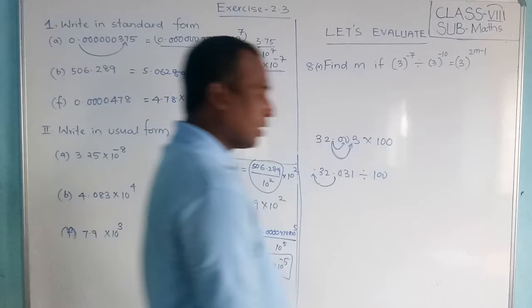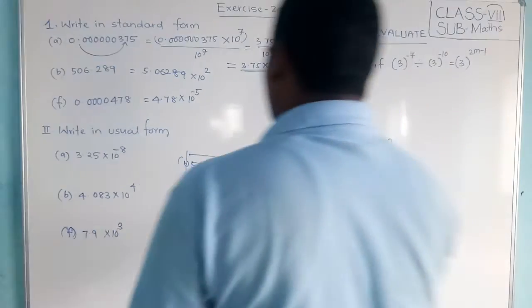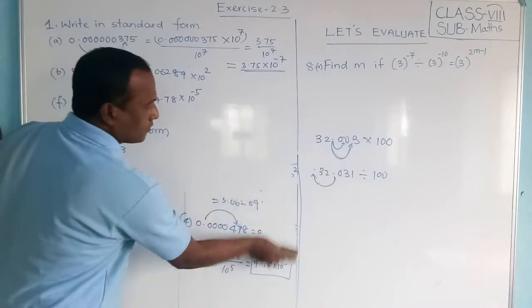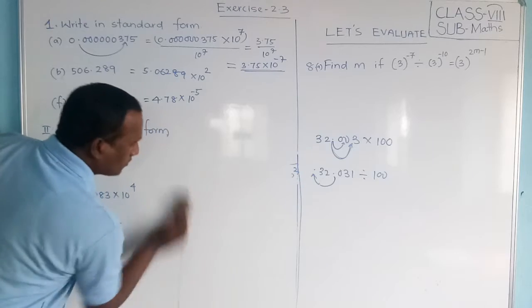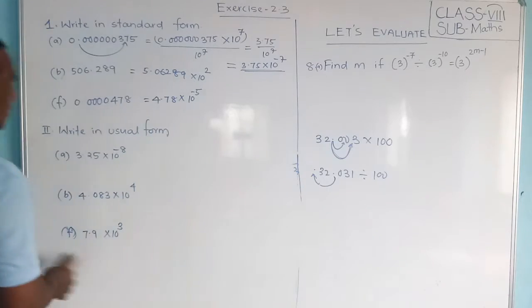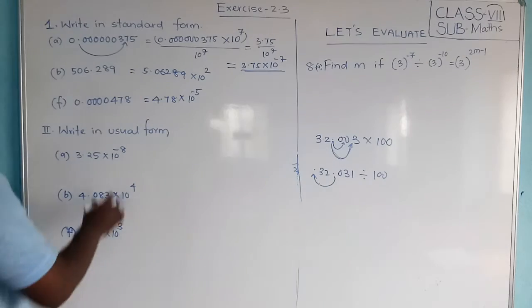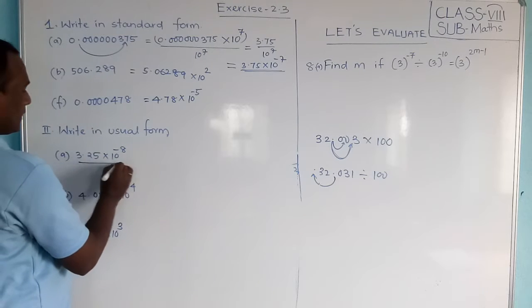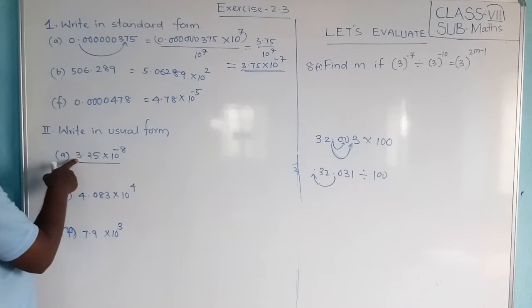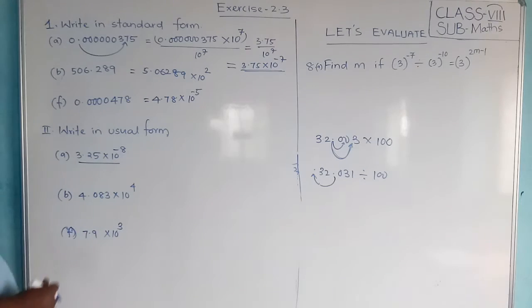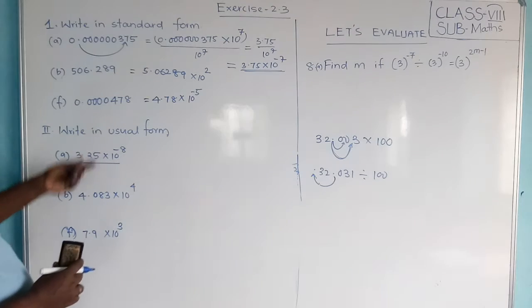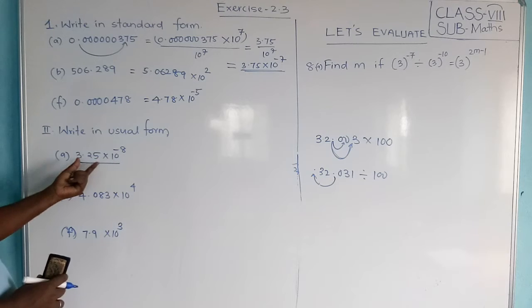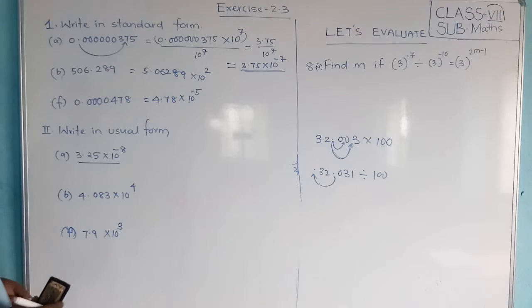Okay, so now friends, first video I have completed, now let us see the second video. Here there is only one digit before the decimal, so it is in standard form. Now we have to write it in usual form.